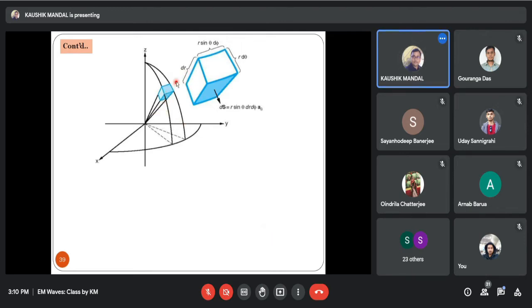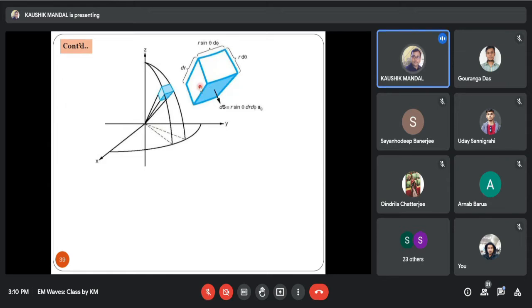So this incremental volume is redrawn in an extended format. This is the dr. As this angle is d theta, it will be r d theta, and as this angle is d phi, it will be r sin theta into d phi.